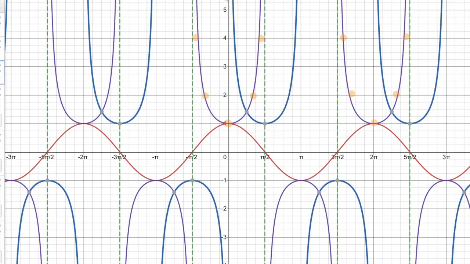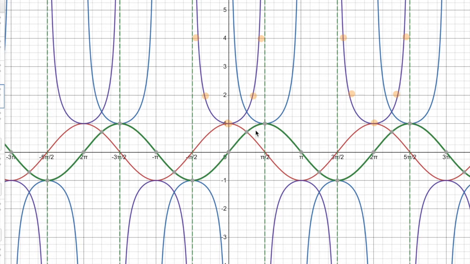So you can see cosec x is drawn over there further. I'll actually just put sine x back on as well. So the green one is sine x. So this is cosec x. The red one is cos x. So this one is sec x, or 1 over cos. And that, of course, keeps going forever as well.